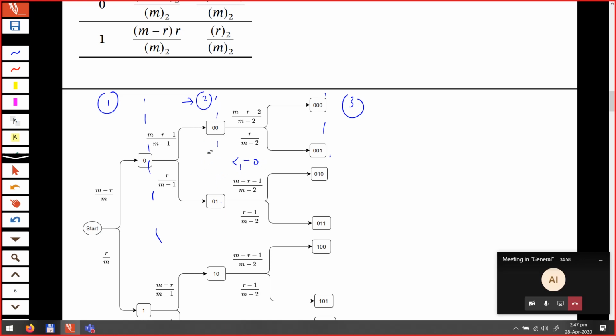Let's try to do something else. Let's try to add this probability with this probability. What will I get out of that? Anyone? K2 is equal to 0. K2 is equal to 0 because you don't care about what happened in the first draw.